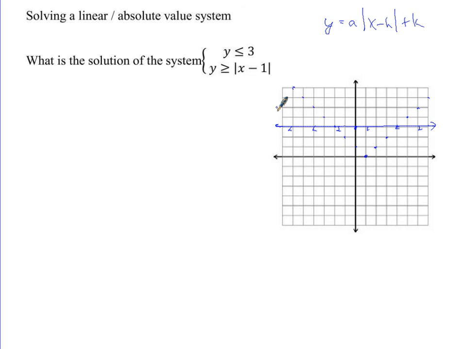Now, solid or dotted? Solid. And which way will we shade? Shade above. So on my absolute value graph, I'm going to draw little arrows up. And then just like before in the first part of this section, we want to only shade the region that gets hit by both shadings.